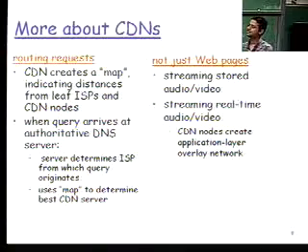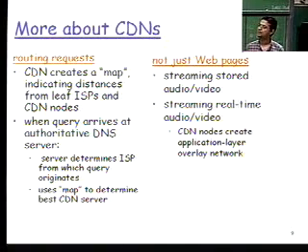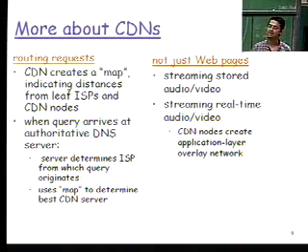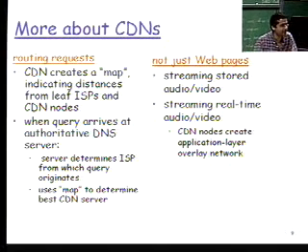Well, what these CDNs do is they create a map of the internet which indicates distance between leaf ISPs or the end nodes and CDN nodes. So when a query arrives at the DNS server of a CDN node, it will look at the query and see where it's coming from.